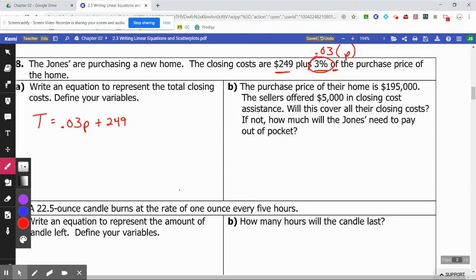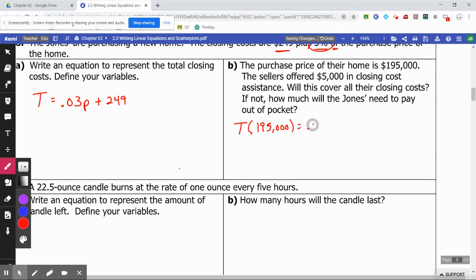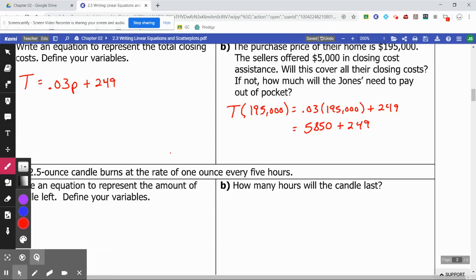So B part says the purchase price is $195,000. So we're finding T of $195,000. So the way we're going to do that, we're going to do 3% of the $195,000. We're plugging it in. And on top of that, we're going to add the other $249. 3% is going to be $5,850 plus the $249, which will give you a total of $6,099.